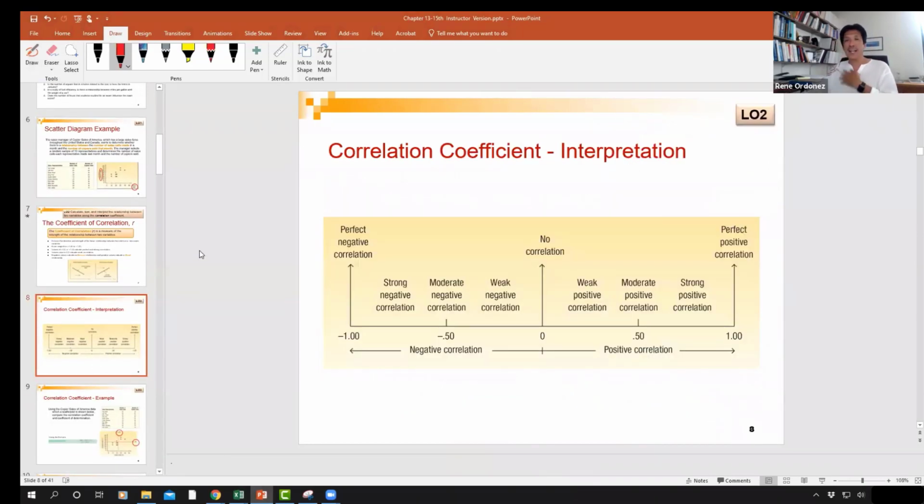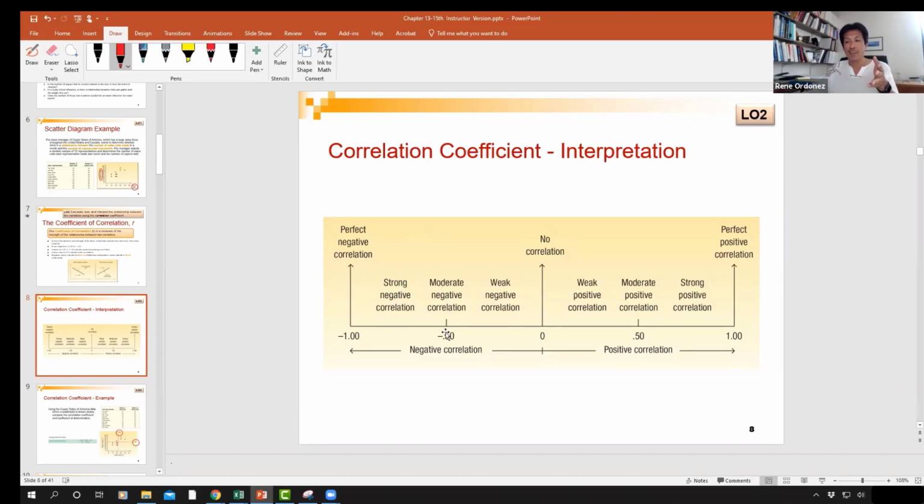This is a slide that puts words into the values of R. Maybe you would want to refer to this slide when you are interpreting an R value or a correlation coefficient value on an output. If you get a value between, say, -0.5 and -1, then we can characterize that relationship as strong negative correlation.